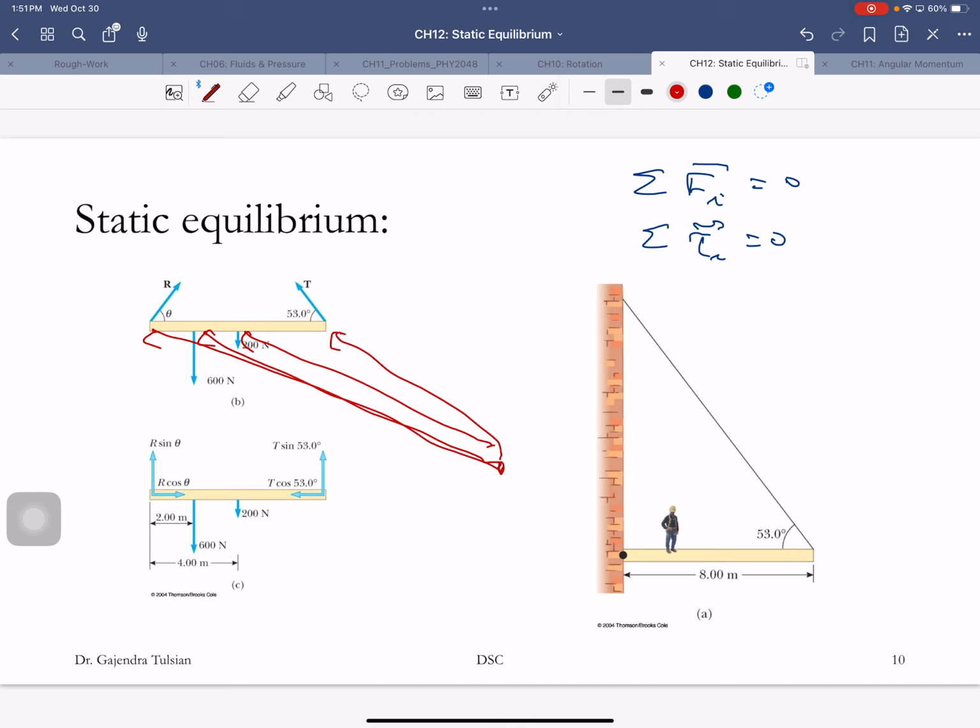Did you guys understand that? How many points can you calculate the torque about? Infinite. So here's the deal. Which point do you calculate the torque about?